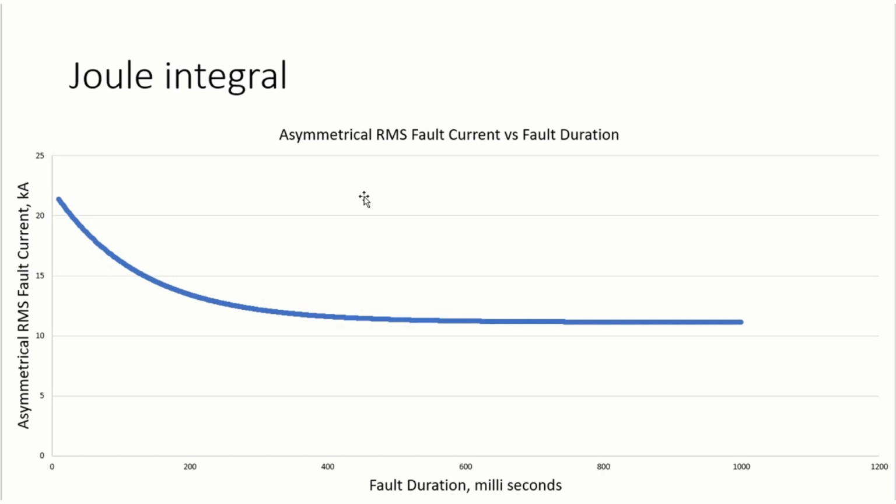So let's take one example and analyze the difference between the subtransient calculation and the required cross-section for a conductor. Before starting the Excel tool, I want to show you a picture of an asymmetrical fault current.